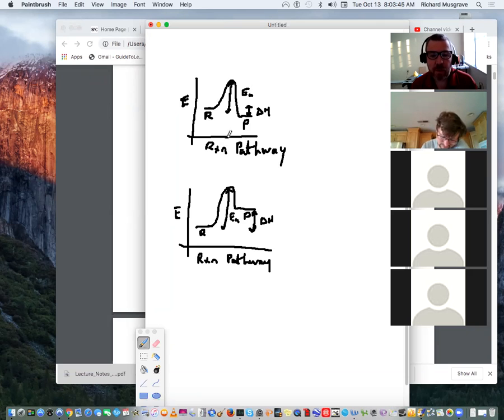And it's not determined at all by the activation energy or anything else that's going on in the reaction between the reactants and products. All that matters is the difference in energy at the beginning and the end. So that's delta H.